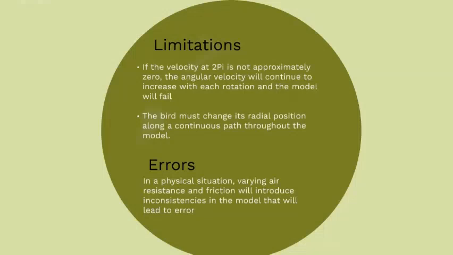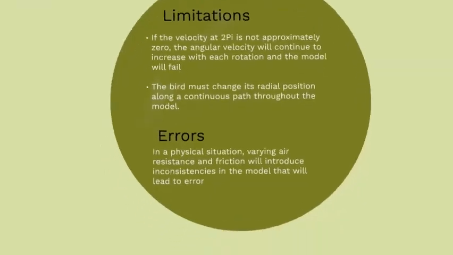If the change in position of the bird is not continuous, the equations will no longer be differentiable and the model will fail. There are also some errors that could arise in the modeling. In our situation, the process was idealized. In a physical situation, varying air resistance and friction will introduce inconsistencies in the model that could possibly lead to error.